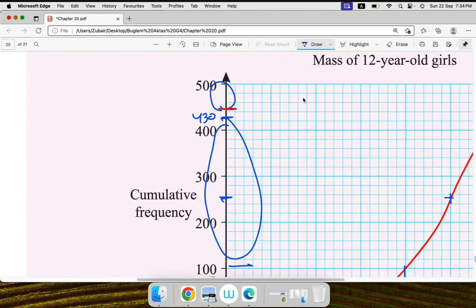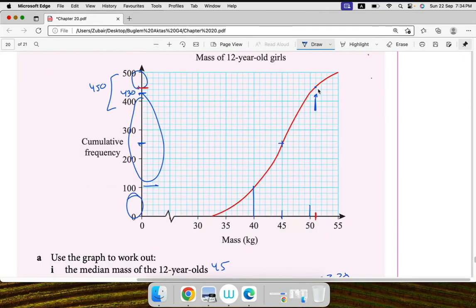So if it is in between these two, that needs to be 450. Do you read this point more than half? The 51? It's more than the 50% mark. Okay, in that case, we can read it more. So one box is actually 20.